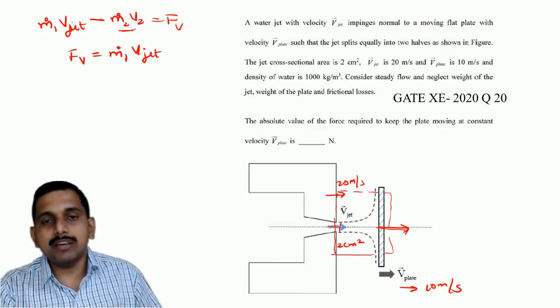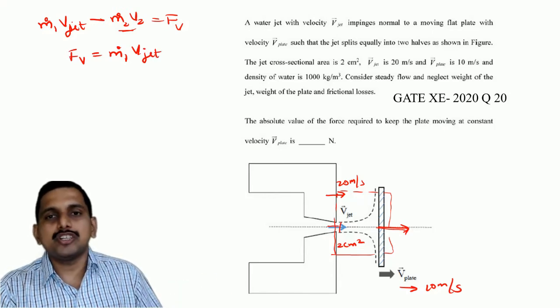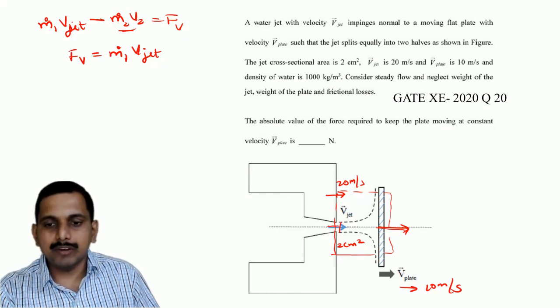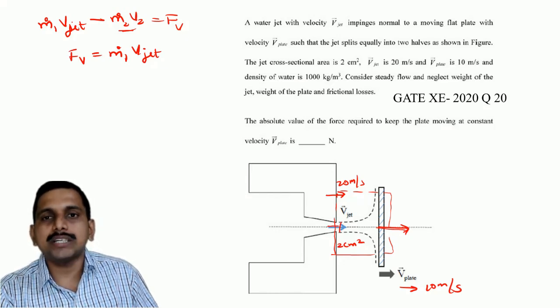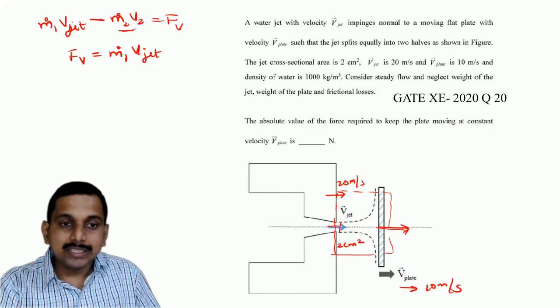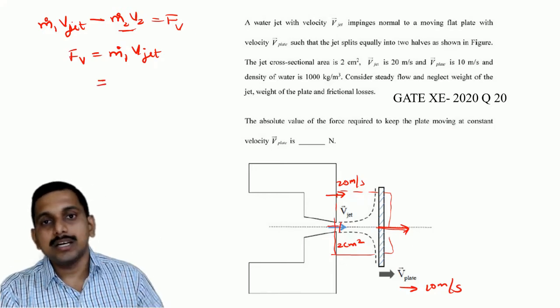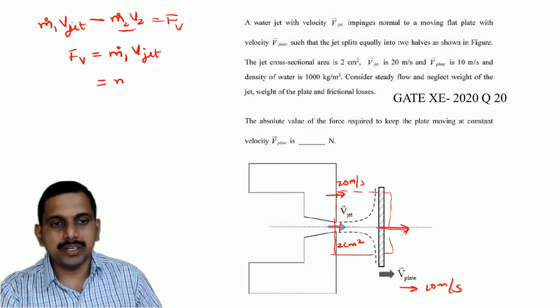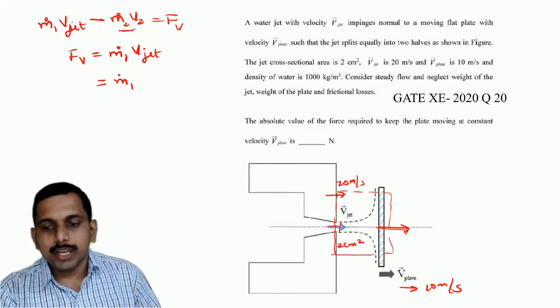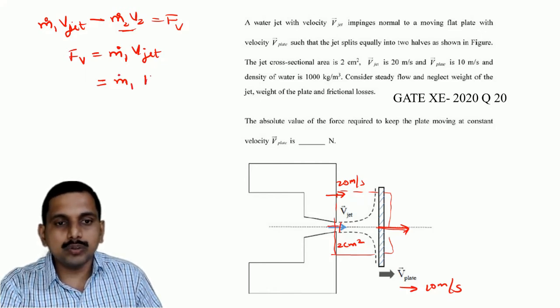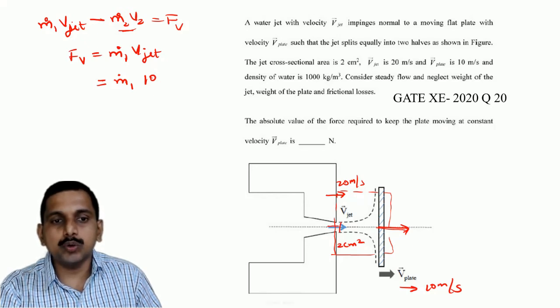Now what velocity of the jet are we taking, 20 meters per second or 10 meters per second? This velocity is always the relative velocity. So it is m1 dot into v jet, which is equal to 10 meters per second. So it is m1 dot into the relative velocity.